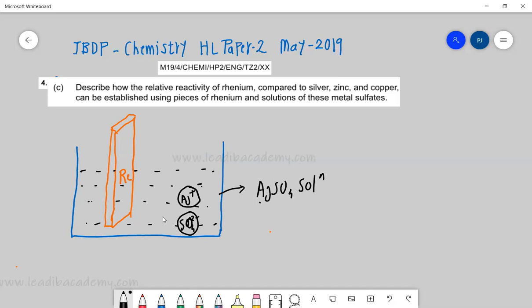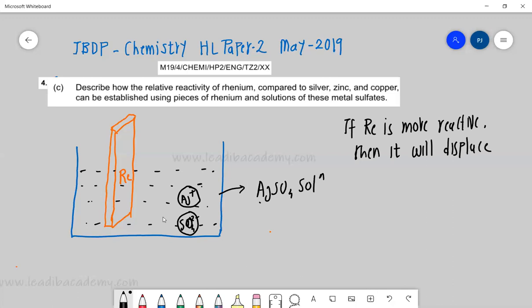Suppose rhenium is more reactive. If rhenium is more reactive, then it will displace the specific metal. So what does it mean?